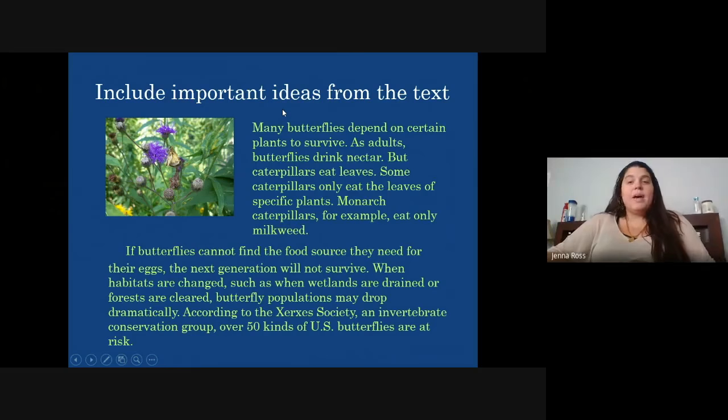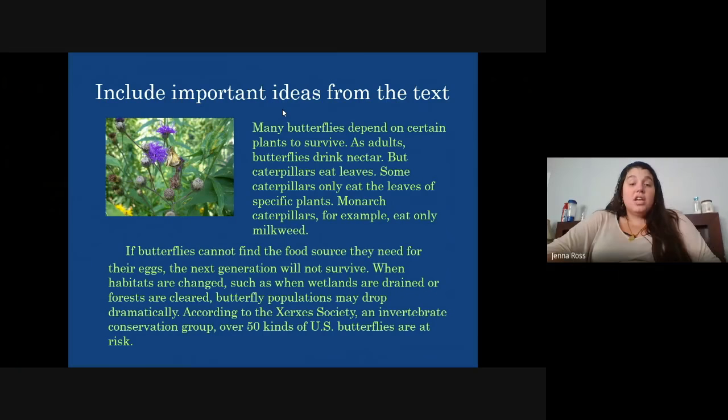Many butterflies depend on certain plants to survive. As adults, butterflies drink nectar, but caterpillars eat leaves. Some caterpillars only eat the leaves of specific plants. Monarch caterpillars, for example, eat only milkweed. If butterflies cannot find the food source they need for their eggs, the next generation will not survive.